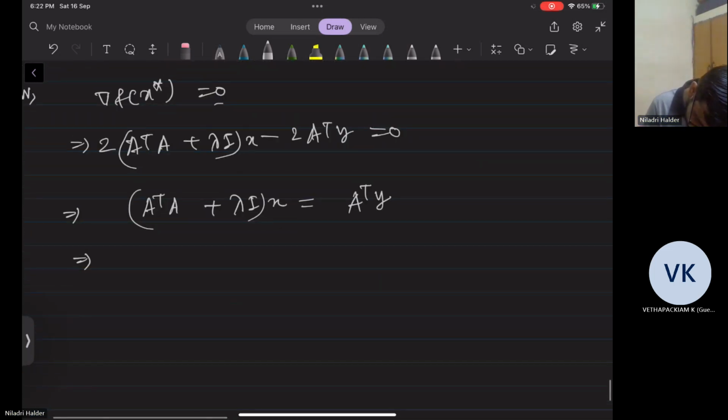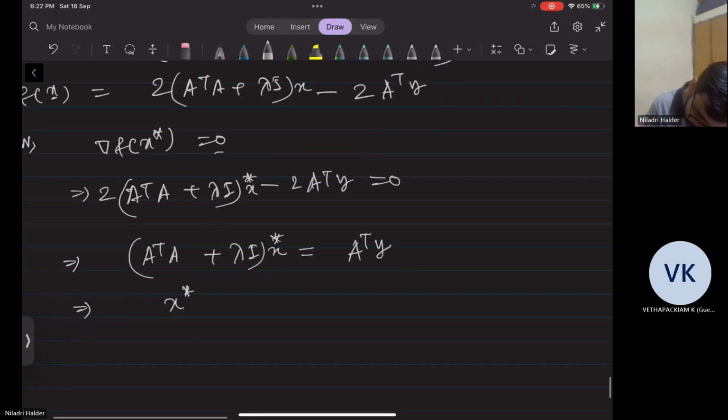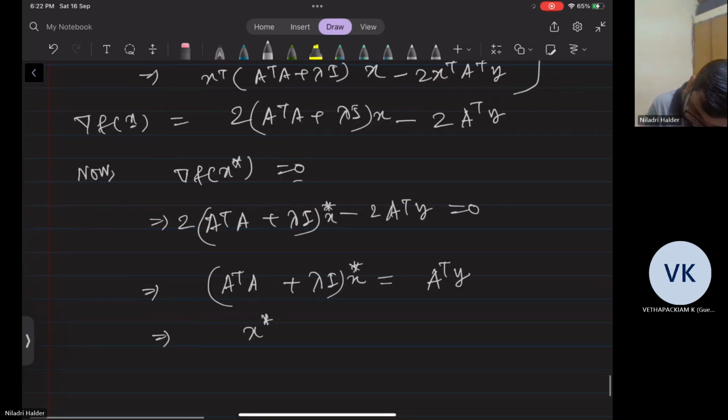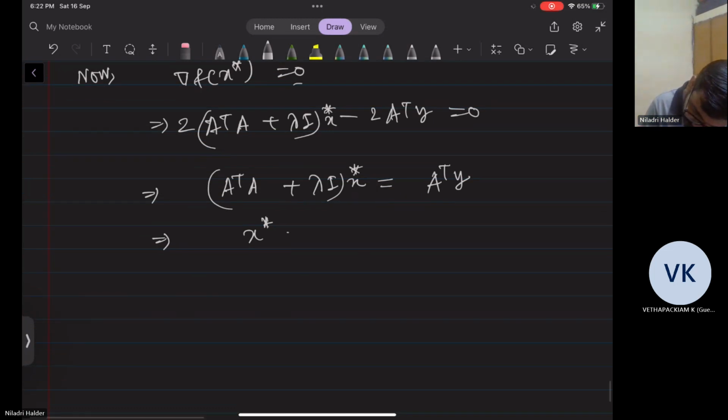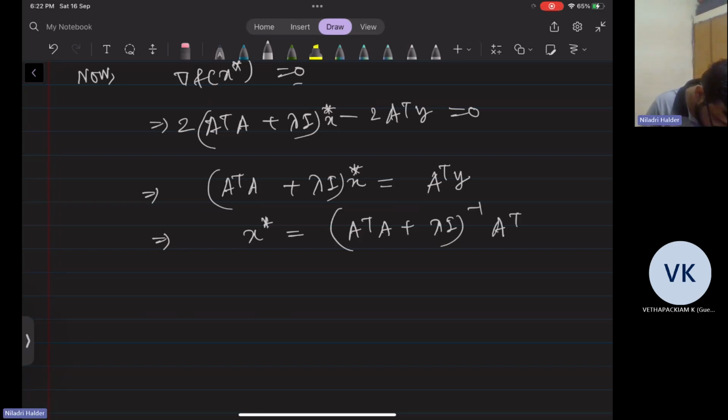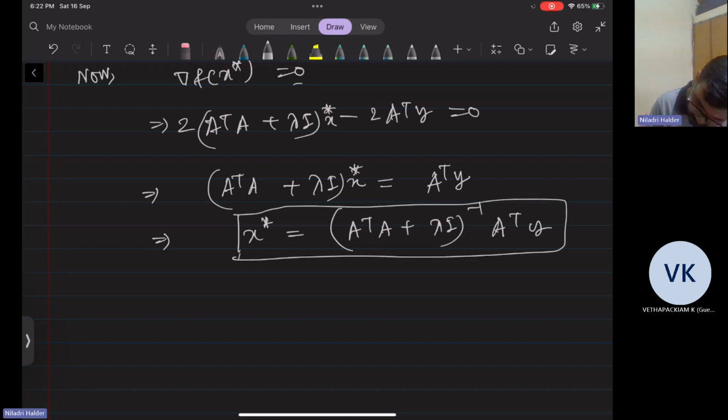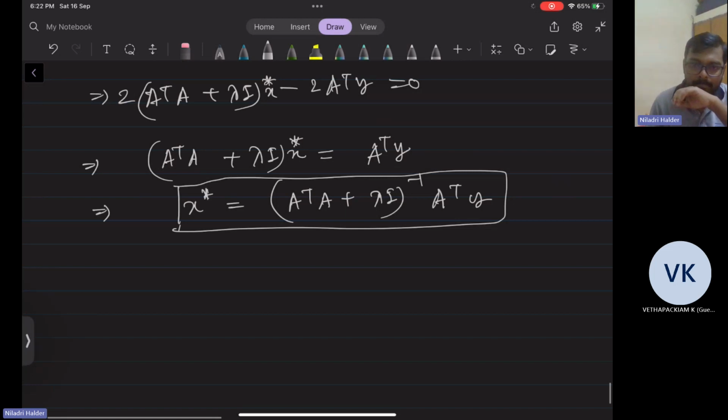Yeah. So then x star can be written as x star is equal to A transpose A plus lambda I inverse A transpose y. This is the solution.